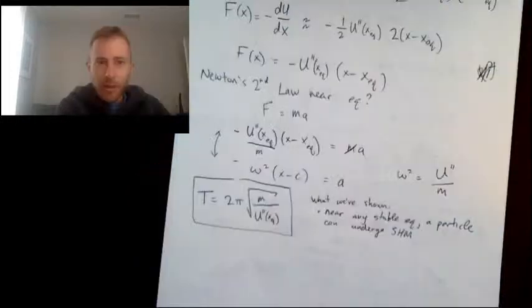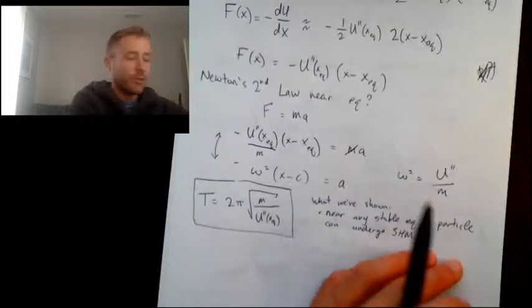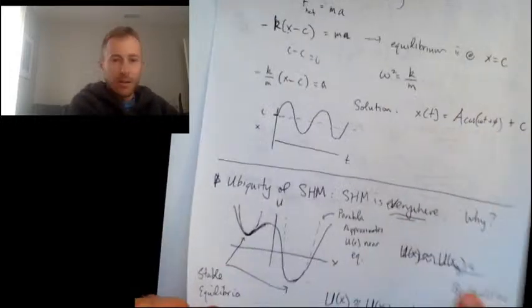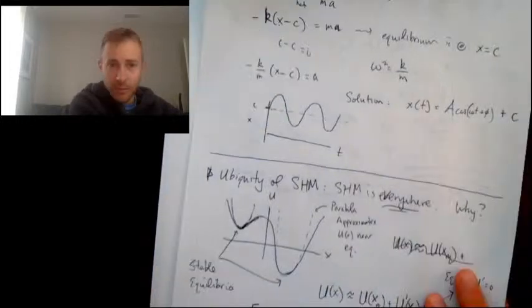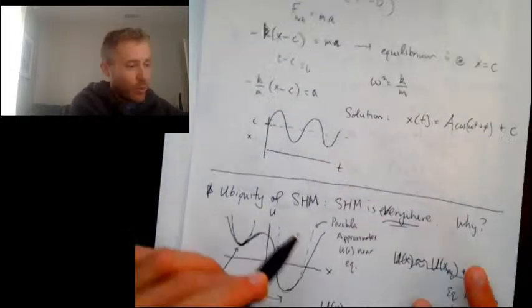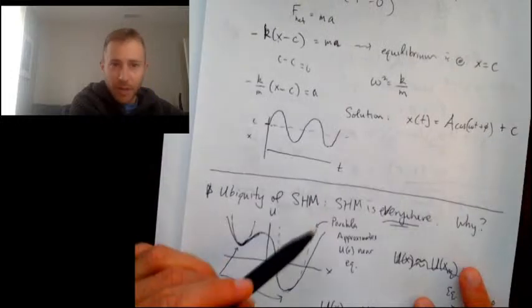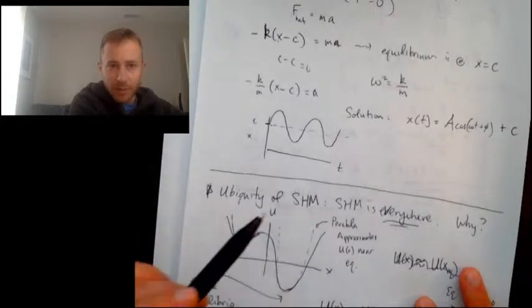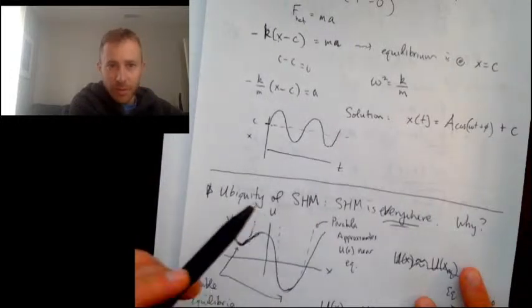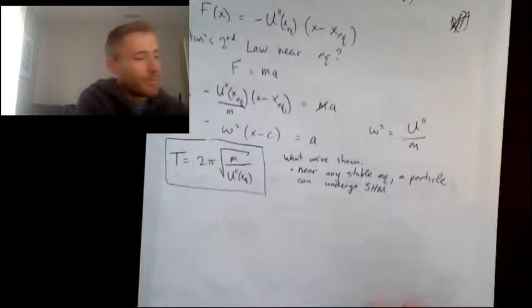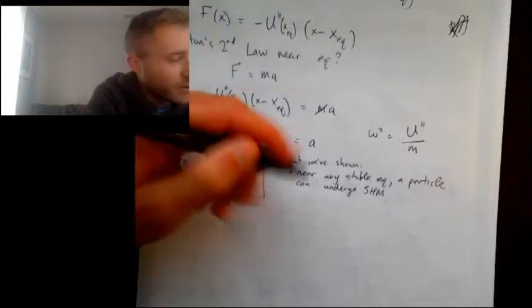The particle will undergo SHM near any stable equilibrium, no matter how crazy the potential looks as a whole. Near a stable equilibrium, it can always be approximated by a parabola, and so we will always get simple harmonic motion.